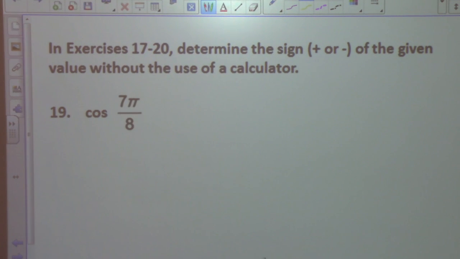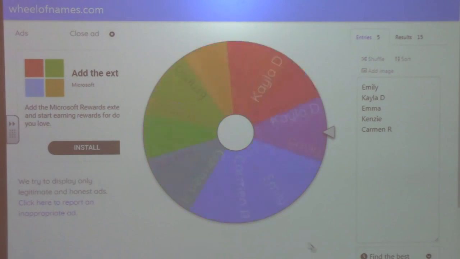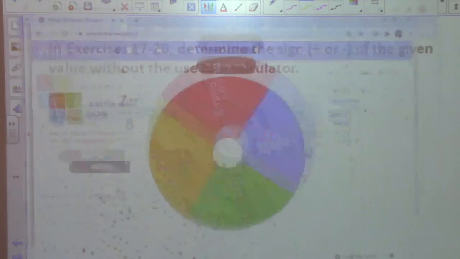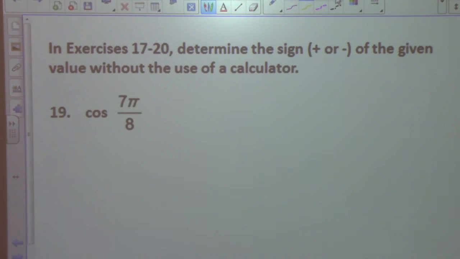19. Here we have a radian measure, and let's go ahead and choose. Yeah, we're going to have Emily for this one. Okay, what do you think for this one?